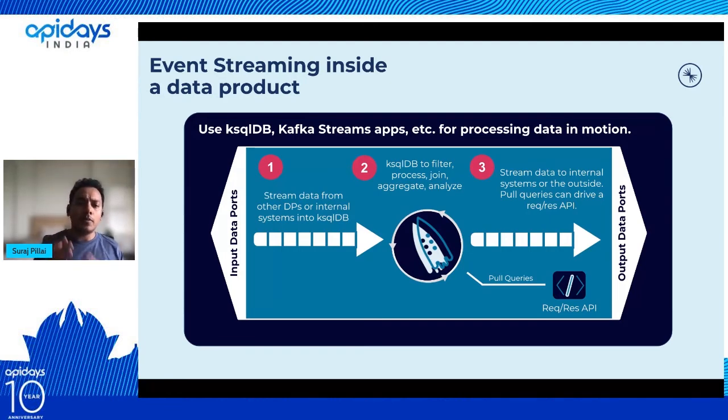Or if you want to have some more complex kind of logic, you could use Kafka Streams, which provides a domain specific language which gives you the logic, and using which you can have all these complicated logic to filter out certain events, to join multiple events coming in from multiple varied data sources. You can aggregate data, you can analyze all those data, so you can use one of those products to do that.